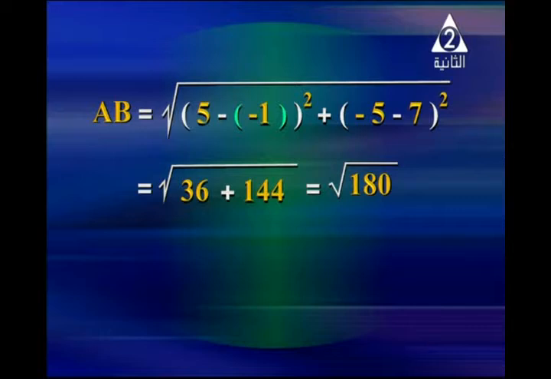What about square root 180? It will be 6 square root 5 units. And this is the length of AB.